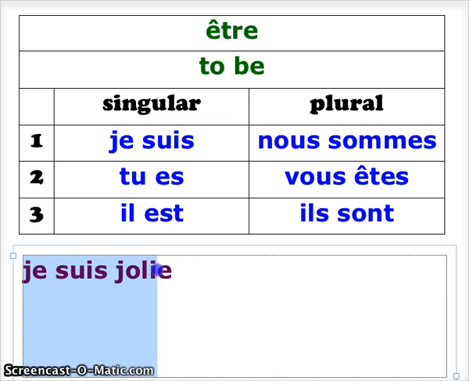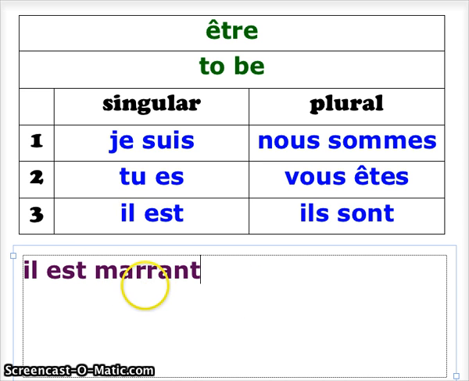Like if I wanted to say, il est marrant. He is funny. Okay, I have to use that masculine singular form because the subject is masculine singular, il. So likewise, if I used elle and I use the feminine singular, well, my adjective has to be feminine singular.